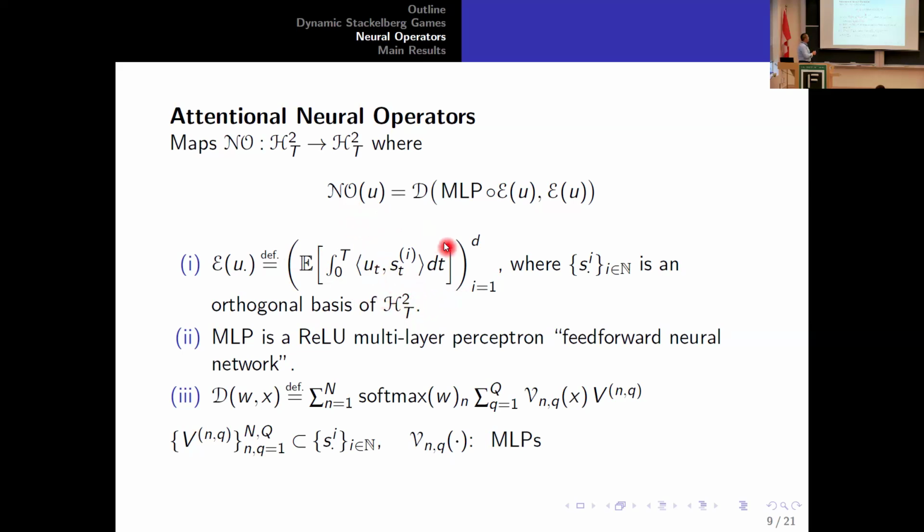And the second step is to process the encoded information by the MLP, a multi-layer perceptron, also called a feed-forward neural network. We use the ReLU activation function. And the final step, also called the decoder step, applies the softmax function to the output.